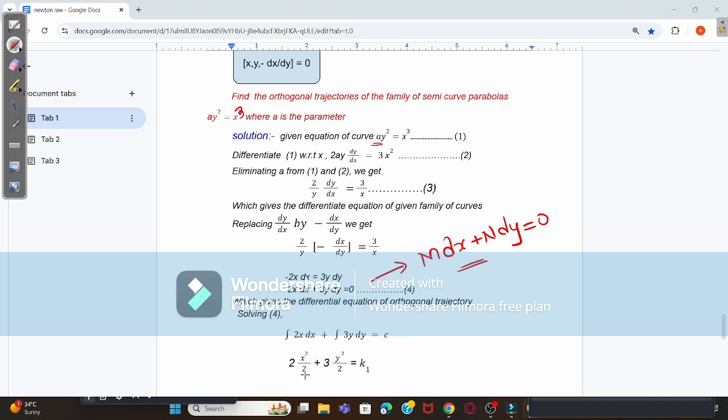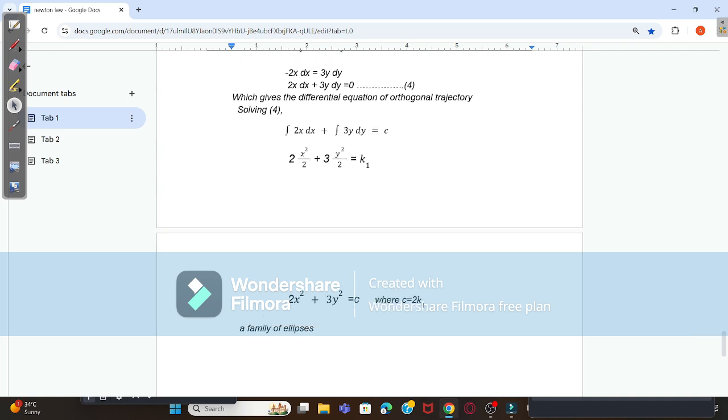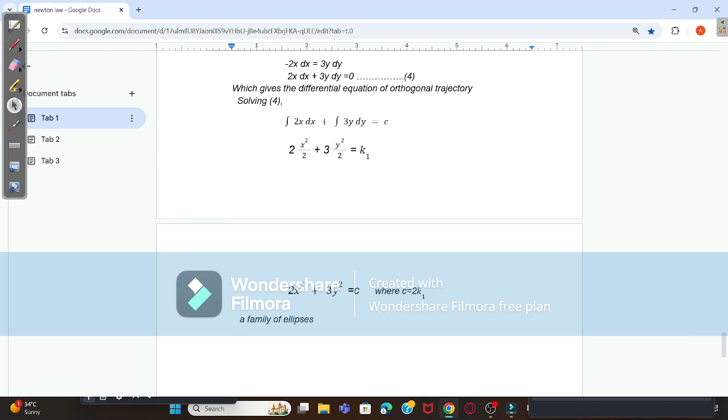So 2 into x square by 2 plus 3 into y square by 2 = k1. This is the required solution. Putting c in place of k1 and taking the HCF, 2x square + 3y square = c, in the place of c, 2k1, which is a family of ellipses.